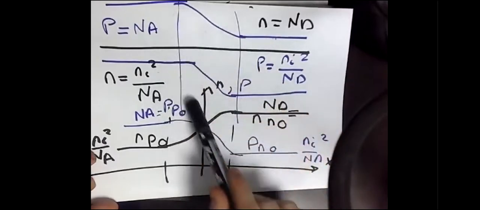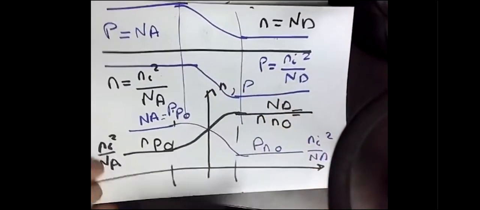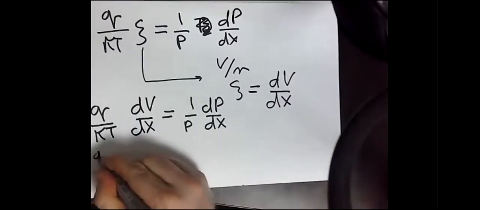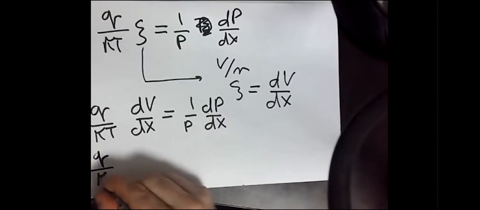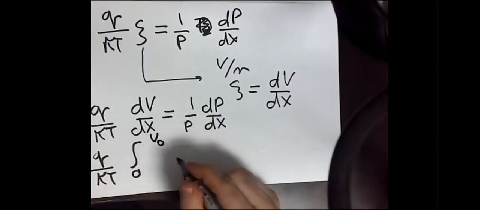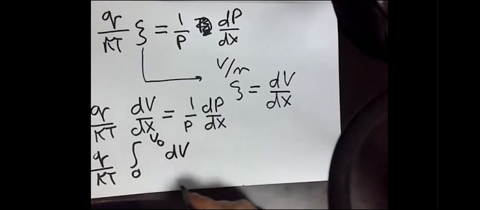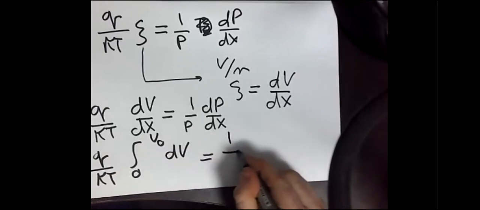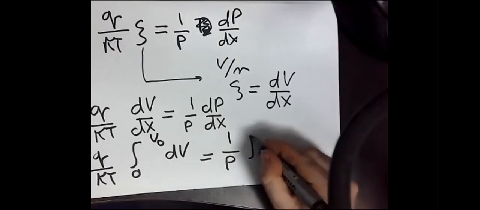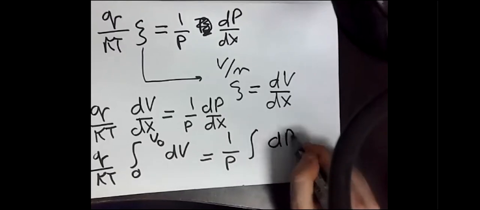So you can calculate the built-in potential by integrating both sides, from 0 to V0, dV is equal to the integration of 1 over P, and then the integration here is dP.